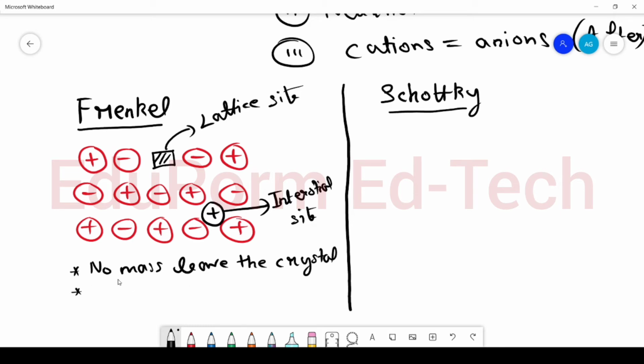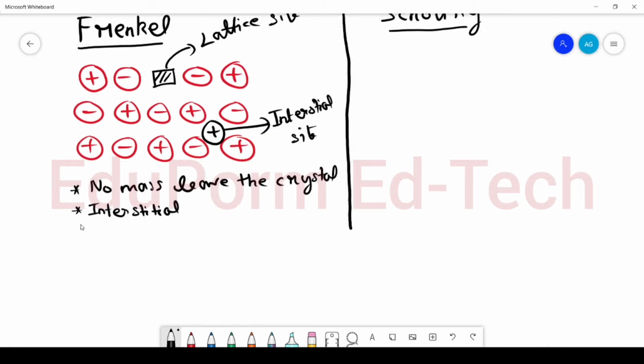Second thing is that this defect is an example of interstitial defect, and it usually occurs where the cation is smaller with respect to the anion.